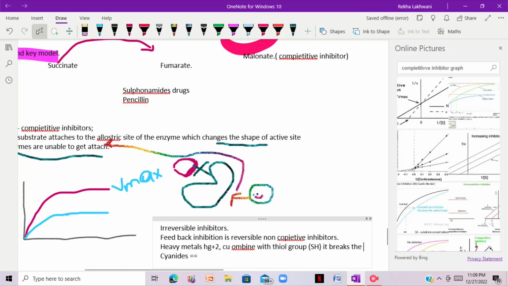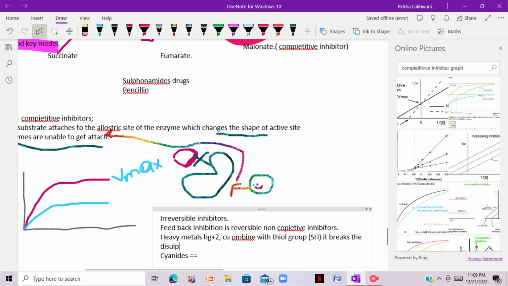Now, what is this? Basically, we know that enzymes are made up of tertiary structures, and tertiary structures are supported by disulfide bonding. So these heavy metals combine with the thiol group and break the disulfide bonding between the tertiary structure, resulting in the destruction of the enzyme, right?